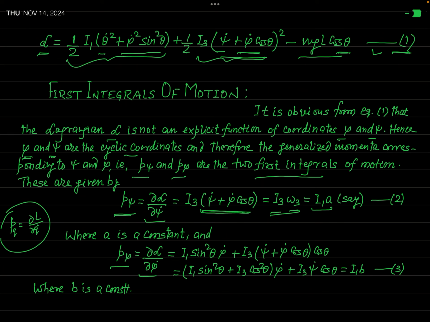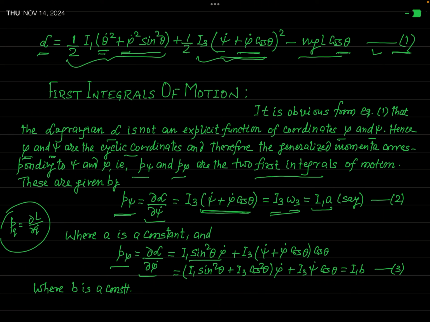When you differentiate the first term, the derivative of theta dot square will be 0, but that of phi dot square will be 2 phi dot, and that 2 and the 2 in the denominator will cancel out. So the first term is I1 sine square theta phi dot.